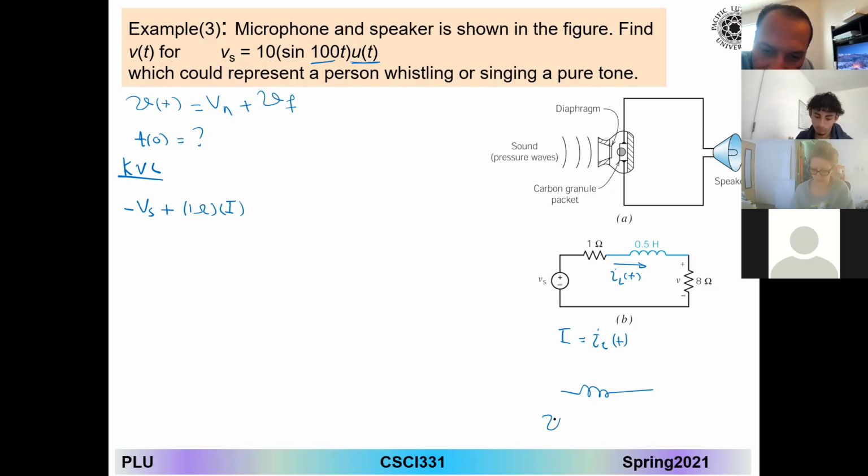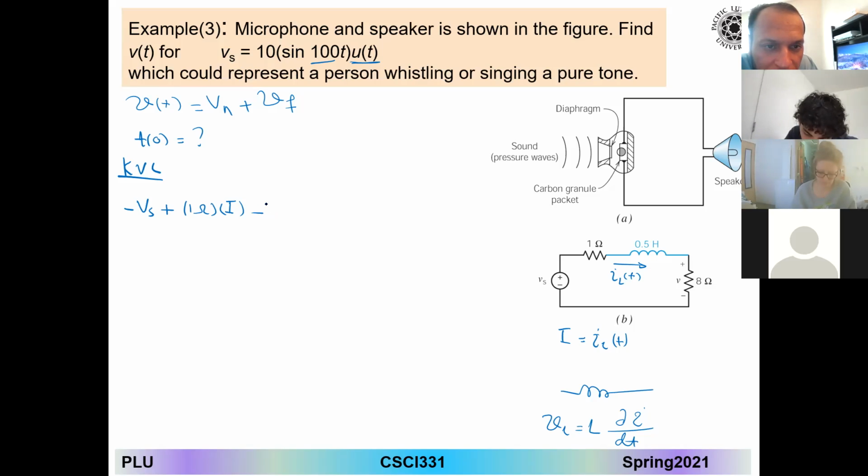We are looking for the VL. This one should be L di by dt. You agree with that? Yeah, okay. So let's type it here for simplicity: VL.